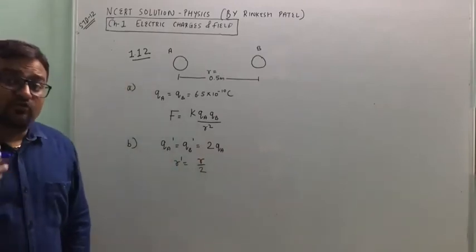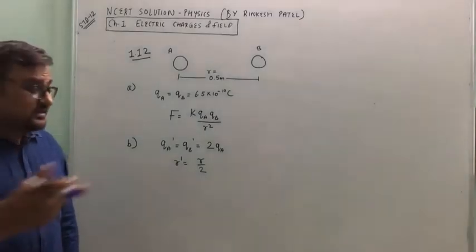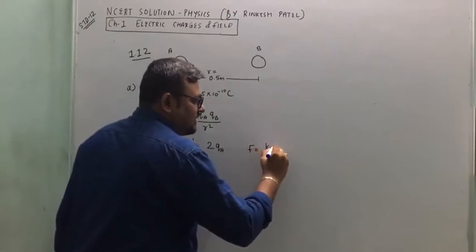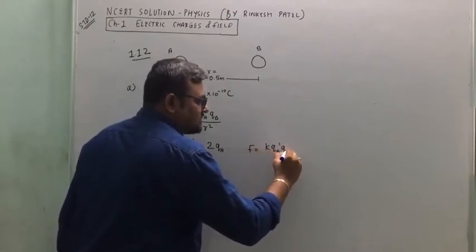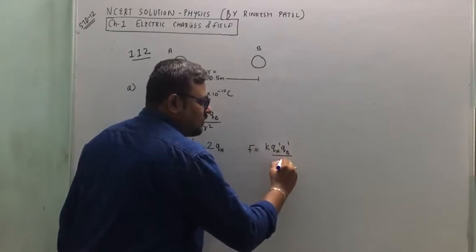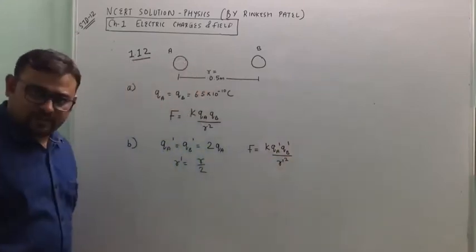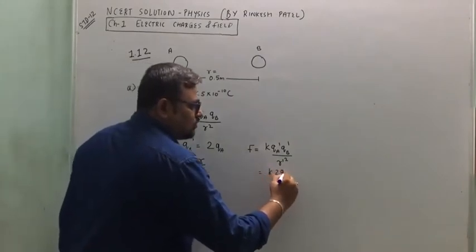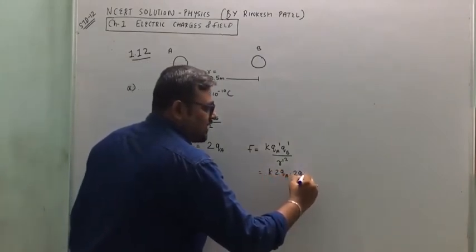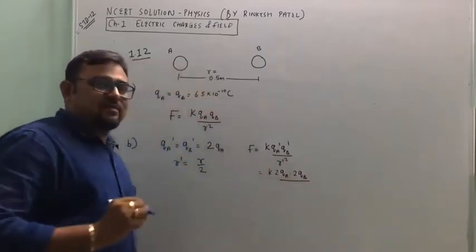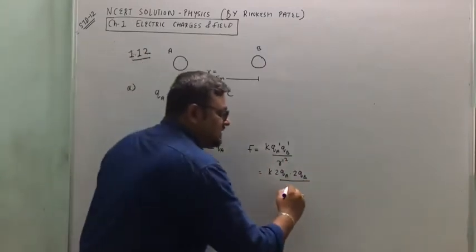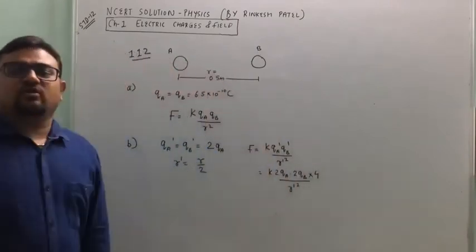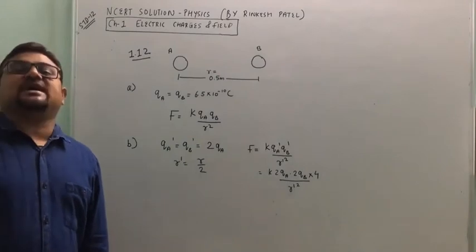Now again you have to find the force of repulsion in this case. Applying Coulomb's formula, it will be K QA dash QB dash upon R dash square, which equals K 2 times QA, 2 times QB upon R by 2 whole square, that is R square by 4.